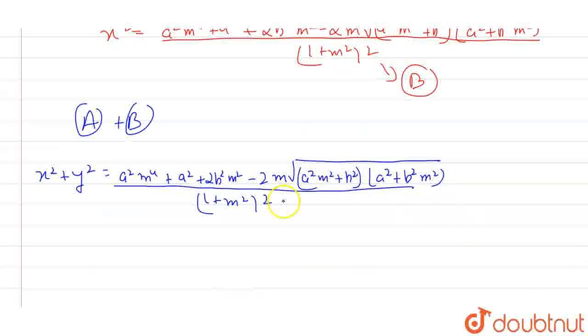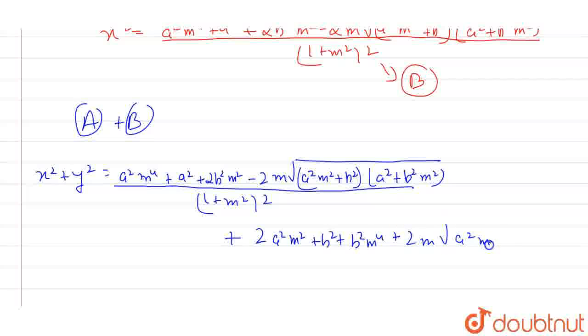Similarly, we have plus y square. I'll write down the y square term here because there is no space left on the above line. So 2a square m square plus b square plus b square m to the power 4 plus twice m under root of a square m square plus b square, this one only, with the product of also a square plus b square m square.